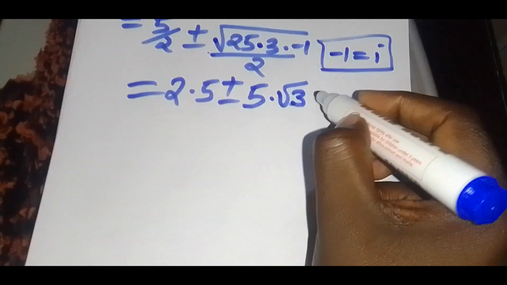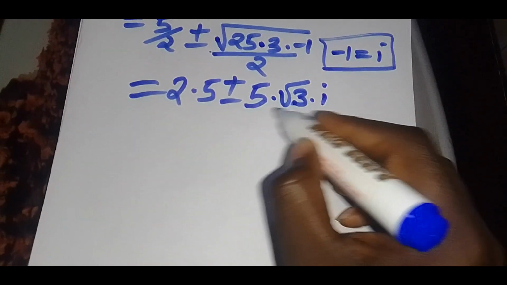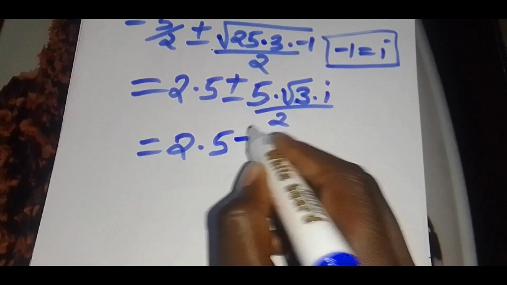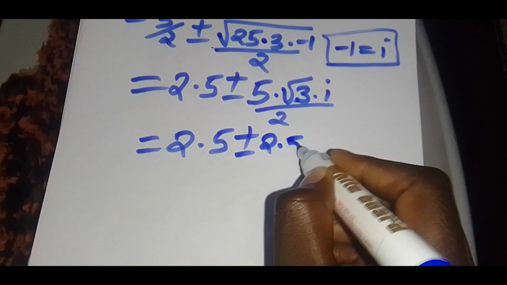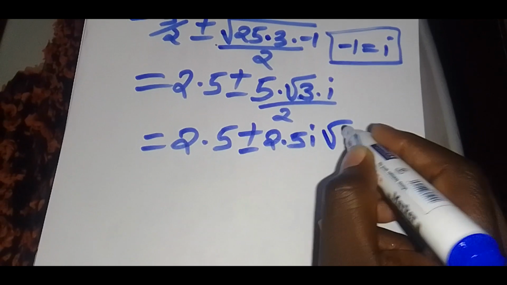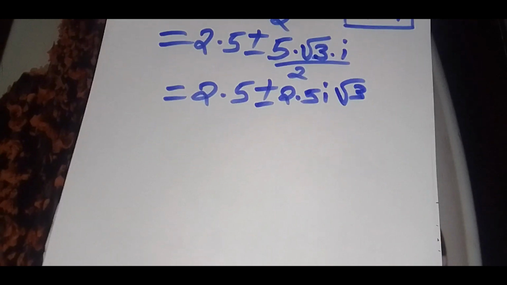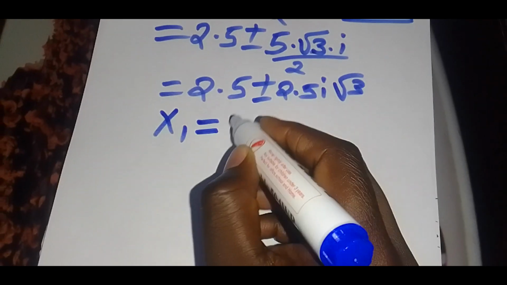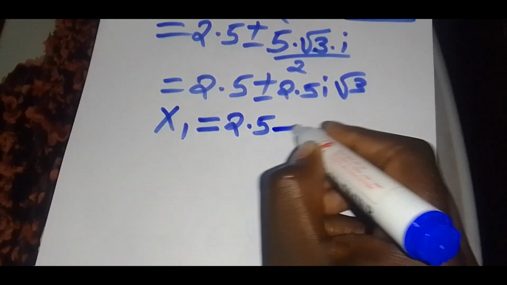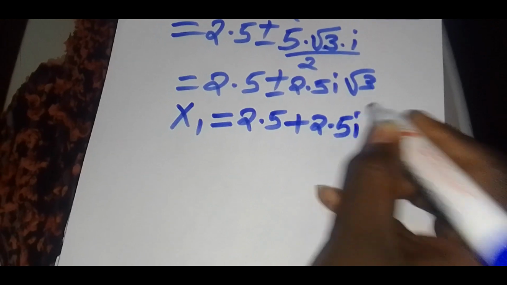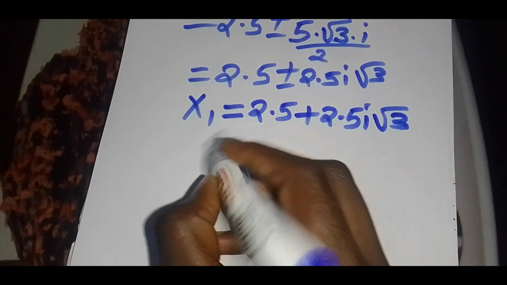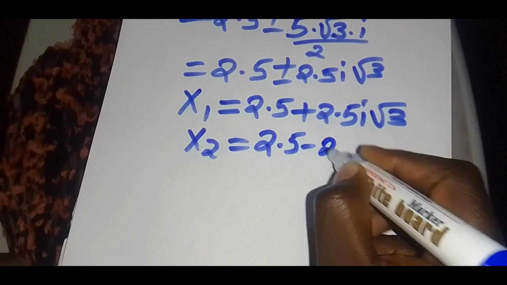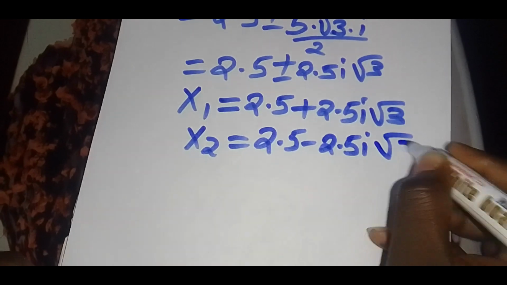Multiplying by i, then dividing by 2, we have 2.5 plus or minus 2.5i square root of 3. So the first value of x, which we can call x1, is equal to 2.5 plus 2.5i square root of 3, and x2 is equal to 2.5 minus 2.5i square root of 3.